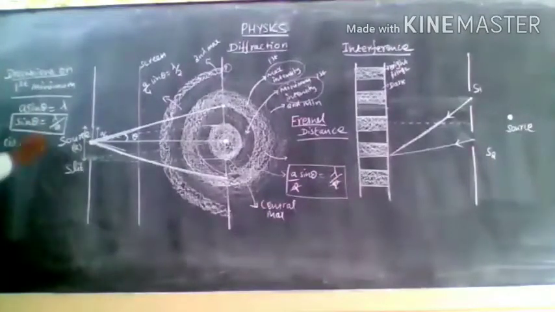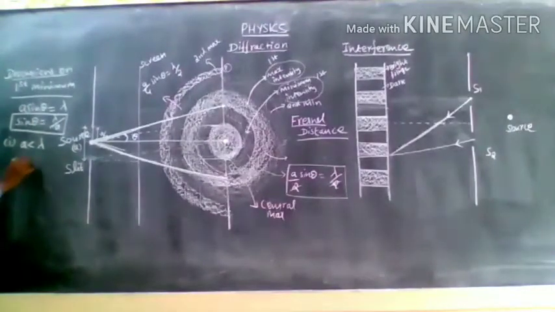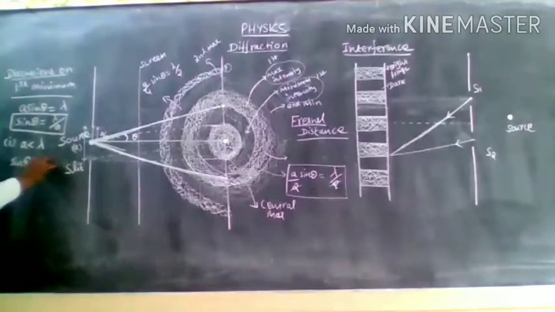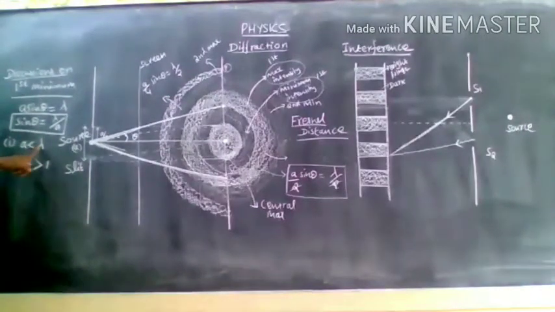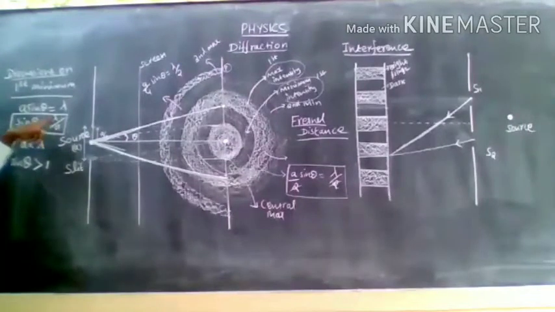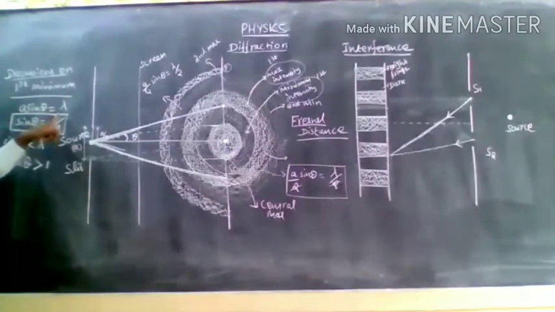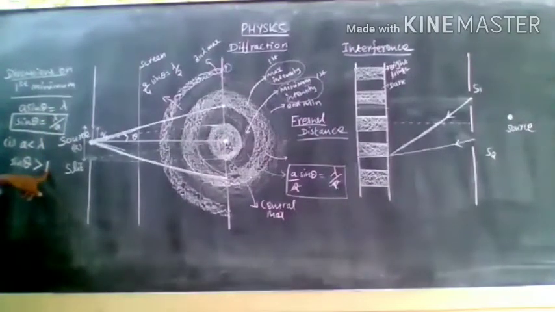What will happen in the formula? Sin theta is greater than 1, because lambda is greater, so the numerator is greater and the denominator is smaller, so we get greater than 1.